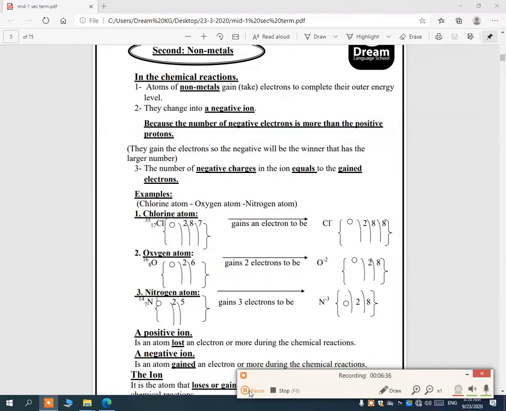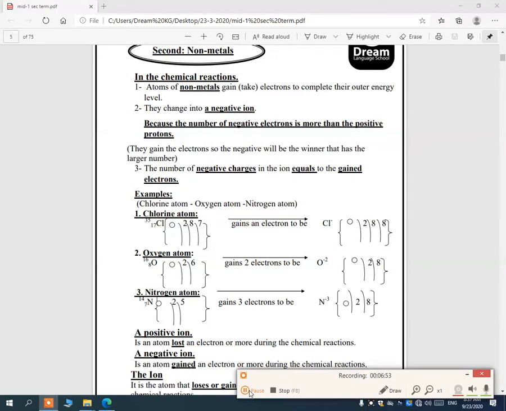Now we will talk about the nonmetals. First, all of you know that all nonmetals contain more than 4 electrons in their outermost energy levels. So, I mean that they are active and unstable.